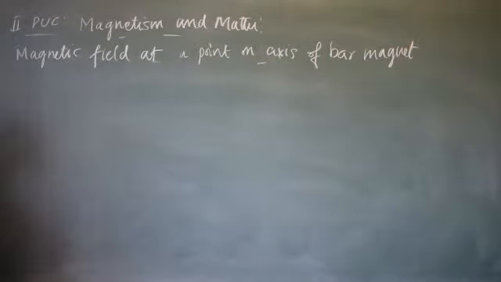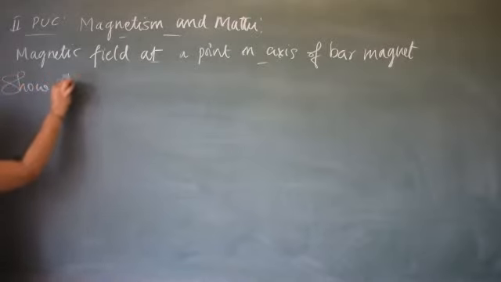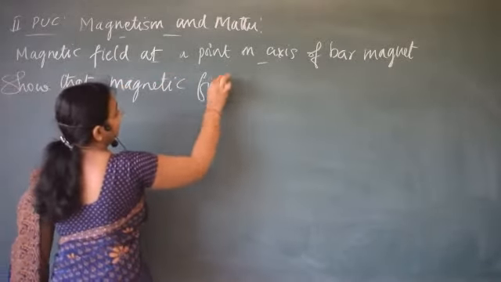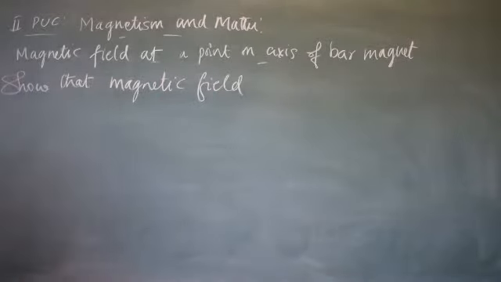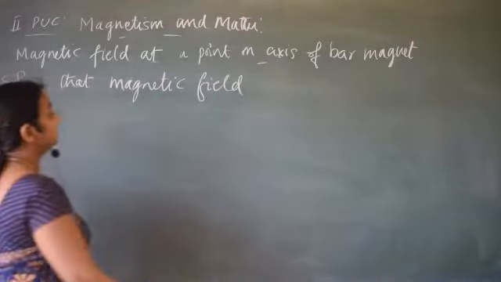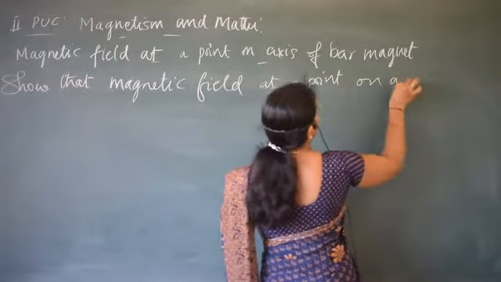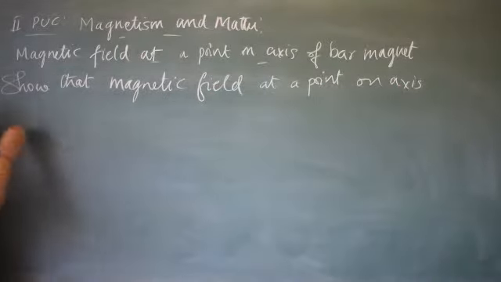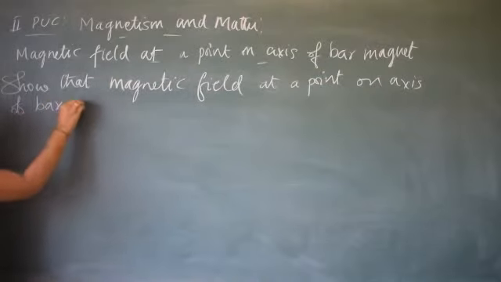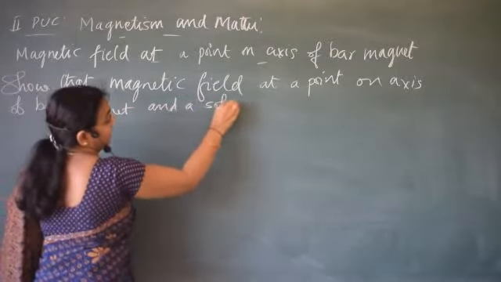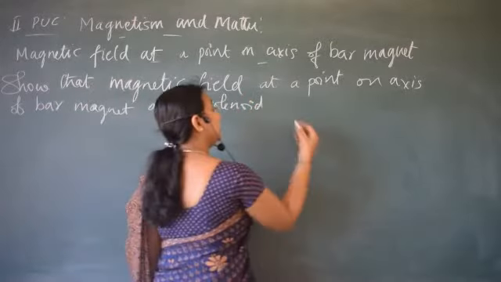Or else this question can also be asked as: show that the magnetic field at a point on the axis of a bar magnet and a solenoid are identical.